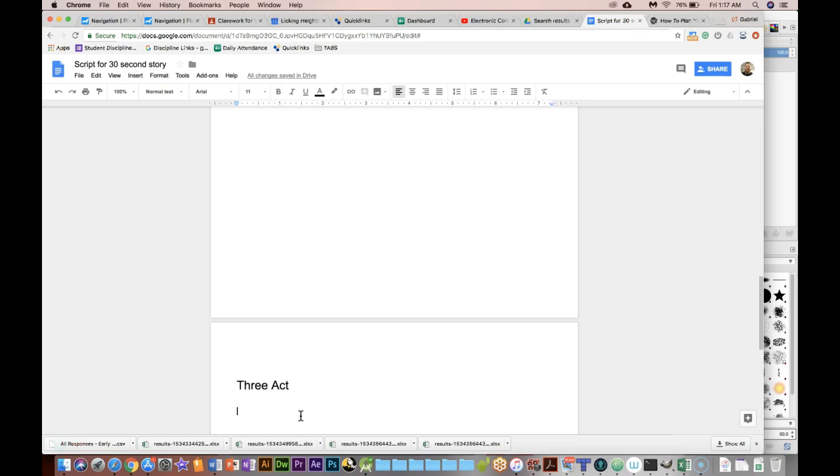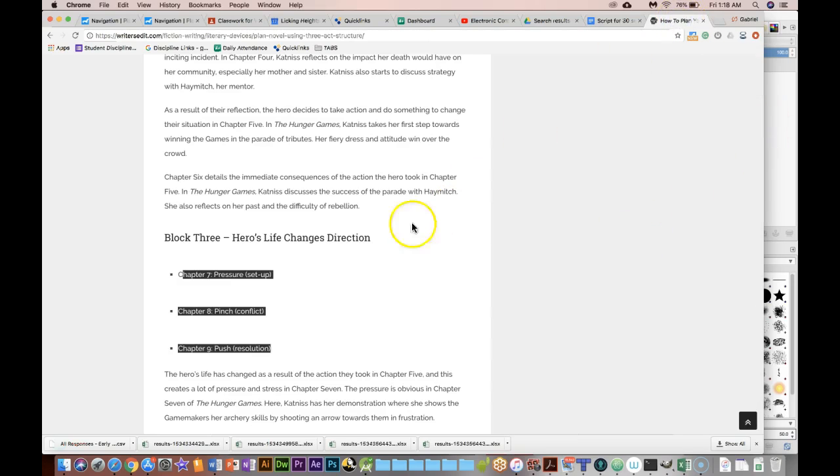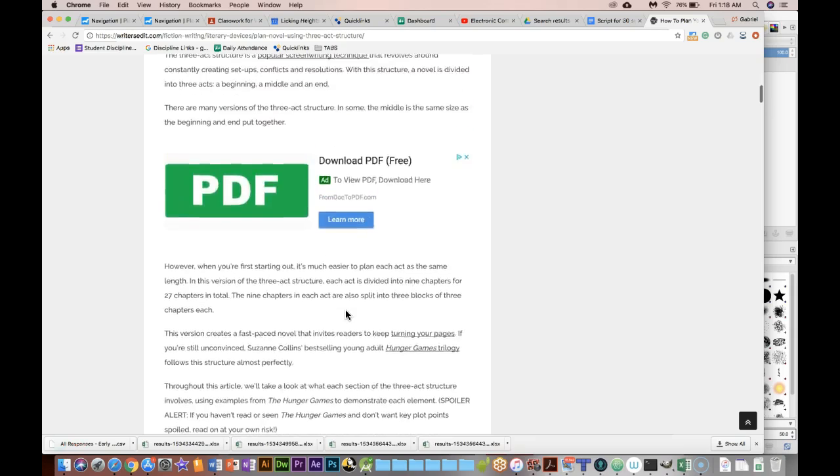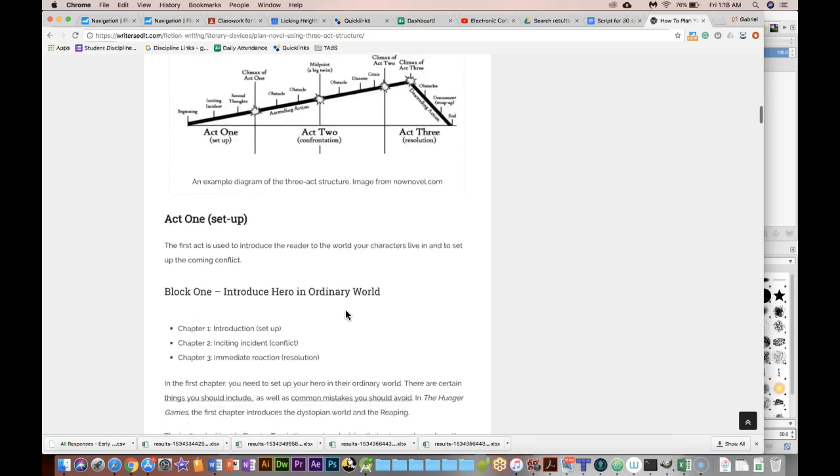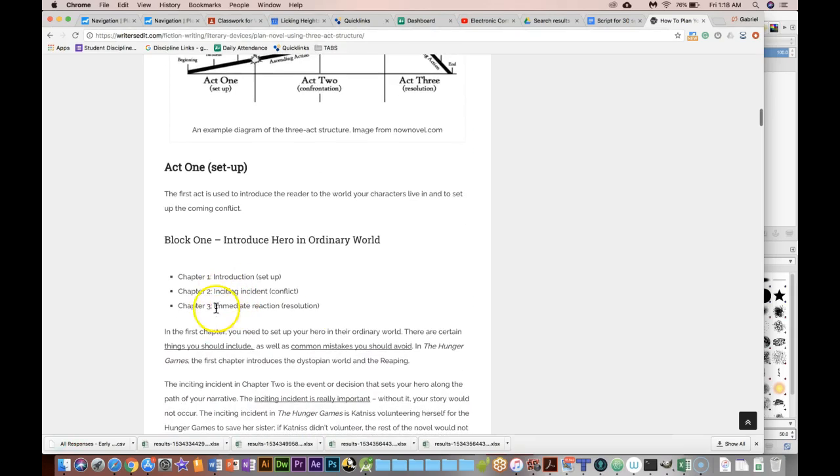Now each piece in there has multiple sections within it. So we have our beginning, just like what we were talking about. We have our inciting incident. We have basically setting the stage, so our block 1 that they have in here. The reaction, that shock.